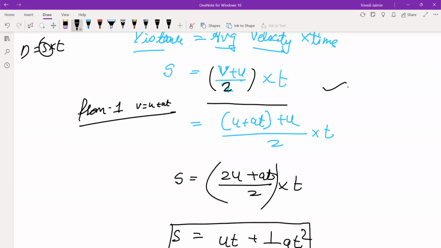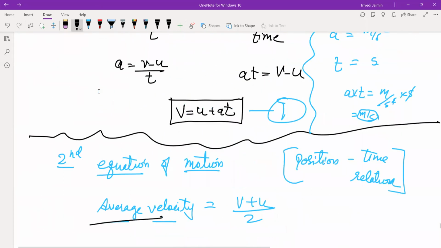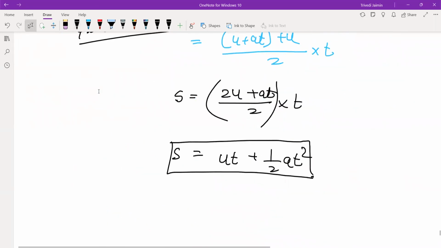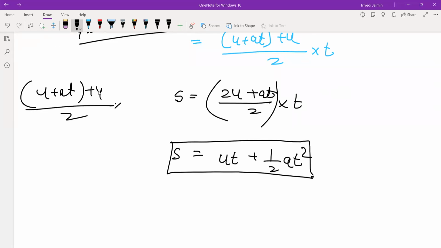Distance equals speed into time. So we are substituting the value of V from equation number 1. What is equation 1? V equals U plus AT, which we just derived above. So we are substituting U plus AT plus U by 2 into T.